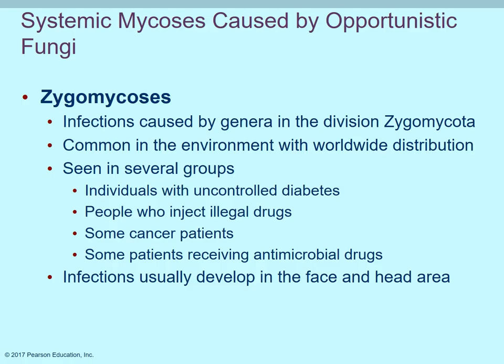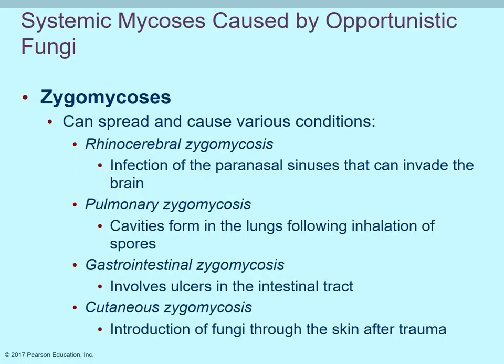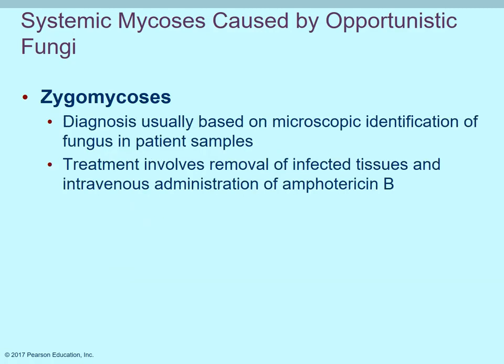Usually the infection is going to develop in the face area, and then it can spread from there. This shows some of the different genera and types of zygomycoses that can occur, and the locations of them.